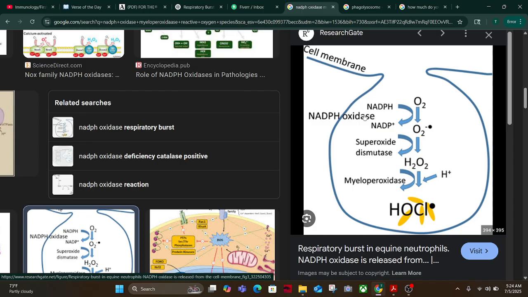So the bacteria cannot be killed because respiratory burst cannot happen. The bleach is not made in the CGD patients, so their bacteria is not killed.